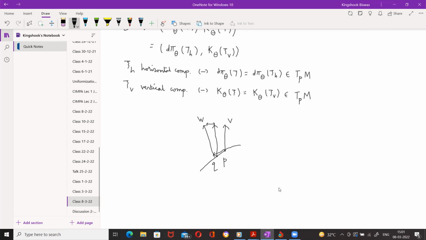So this corresponds to k theta xi, and this corresponds to d pi theta xi.